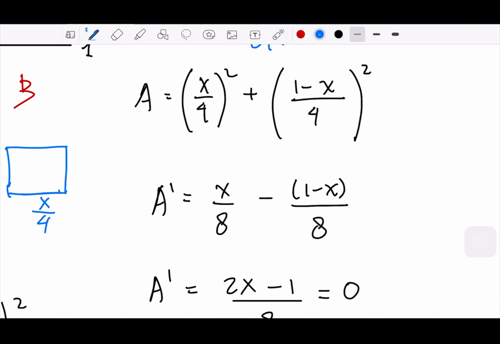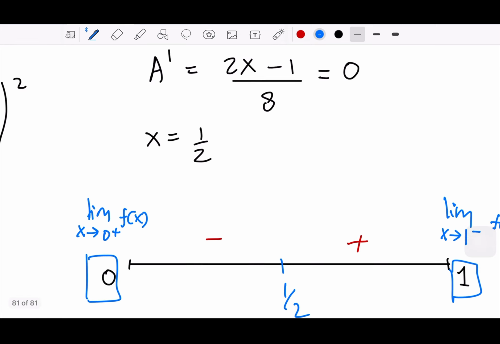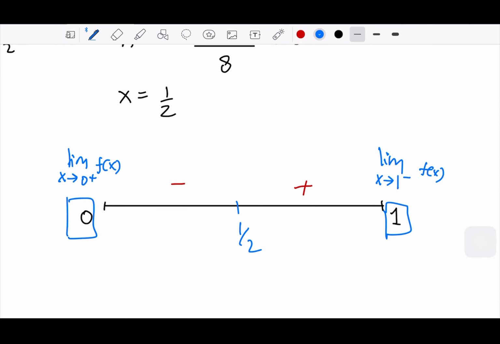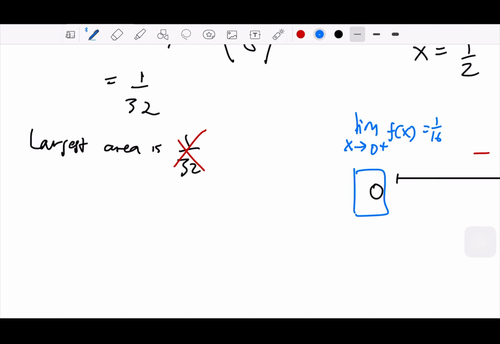But it seems that it's imaginary or not really real. Because if you are here, then it's almost zero, nothing, right? If you are here and you don't really cut anything, this is 1/16. So the maximum area through limit is 1/16.